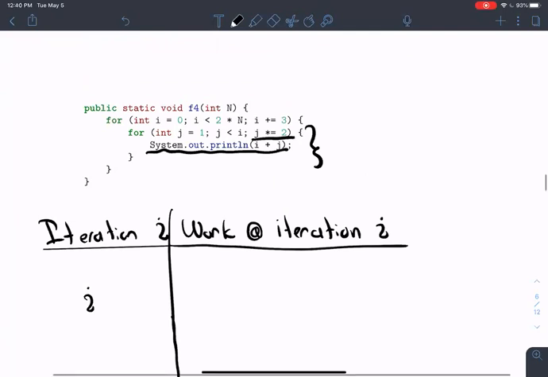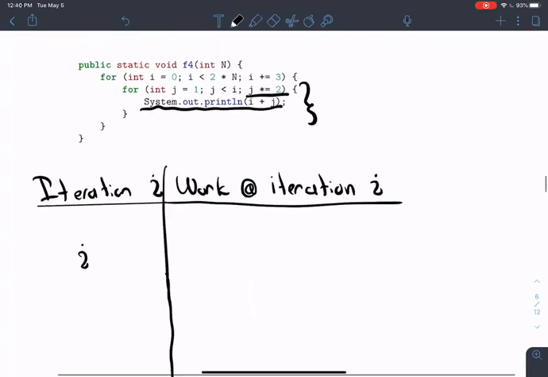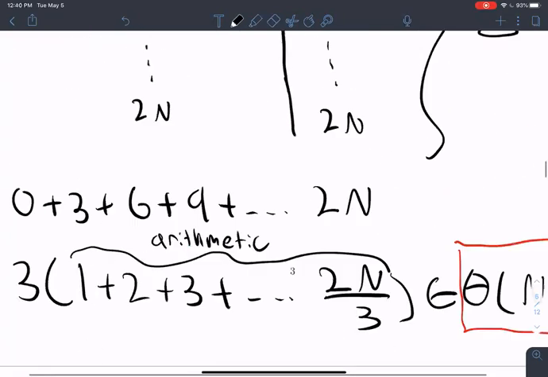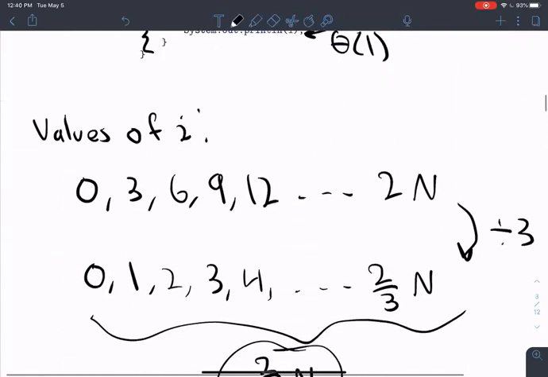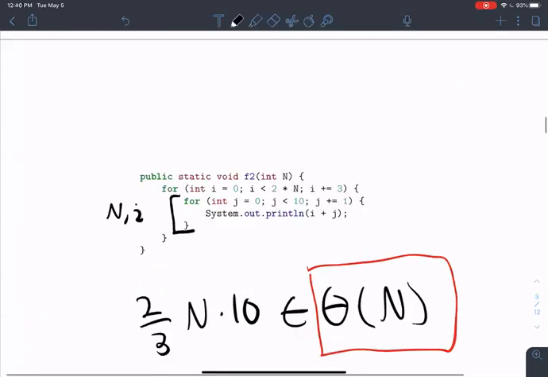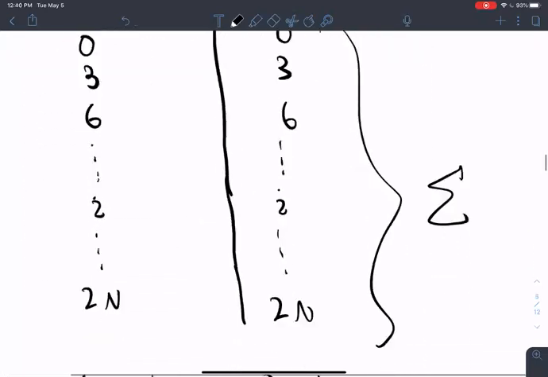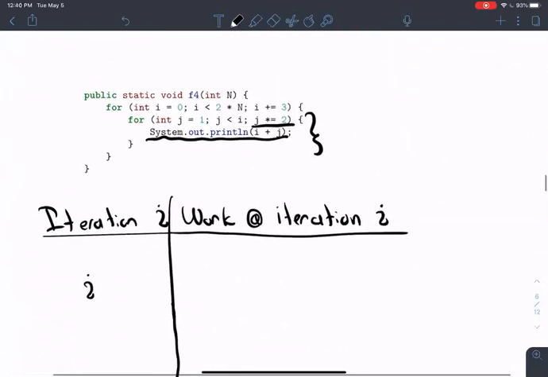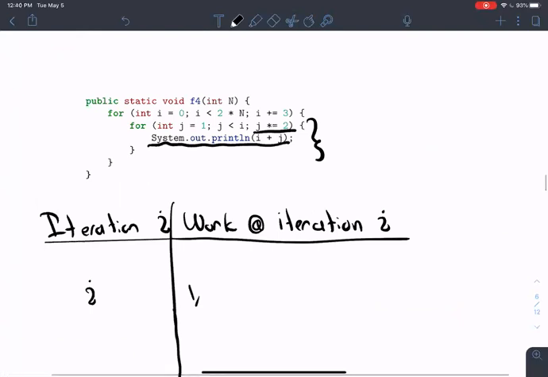So let's figure out the work of that iteration. At iteration i, we write out the values that j takes on: first 1, and then 2, and then 4, 8, all the way to i.